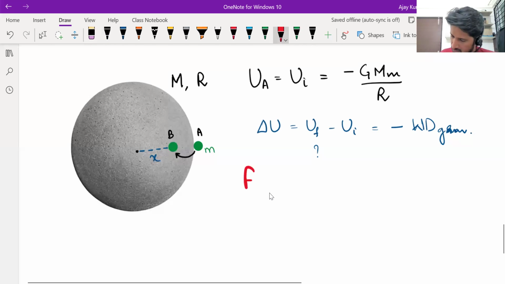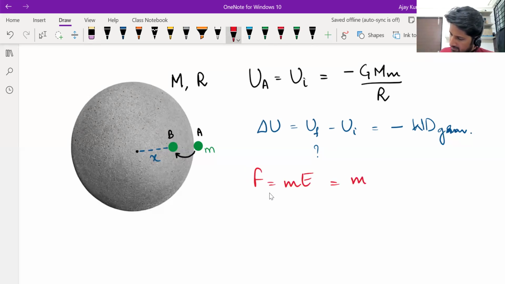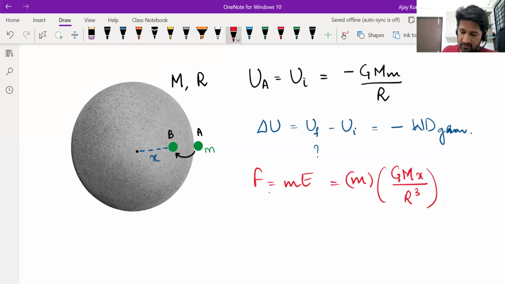So force is equal to mass multiplied with the field. The mass is small m. Field is created by the solid sphere. The solid sphere's field inside it is given by this formula, GMx divided by R cube, where x is the random distance from the center. Just to avoid confusion, let's call this inside distance as a.